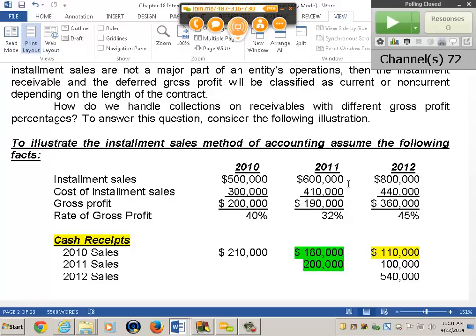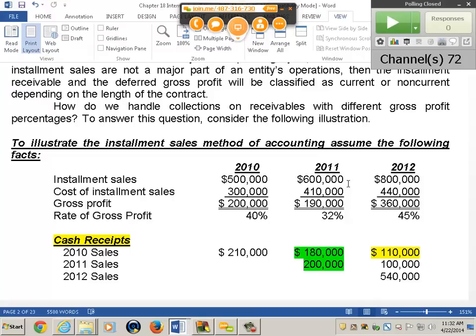Now, using the cash basis, I would recognize revenue, and I'm going to show you the entries in a minute, but I'm going to recognize revenue based on cash collected using the percentages for each year. So what's my gross profit percentage for 2010? What's my margin? It's 40%, right? So I'll recognize $72,000 in gross profit.